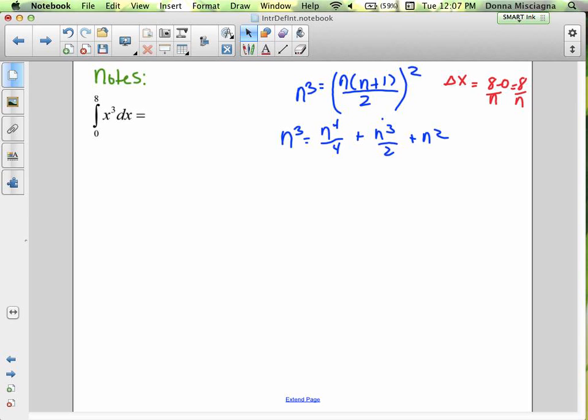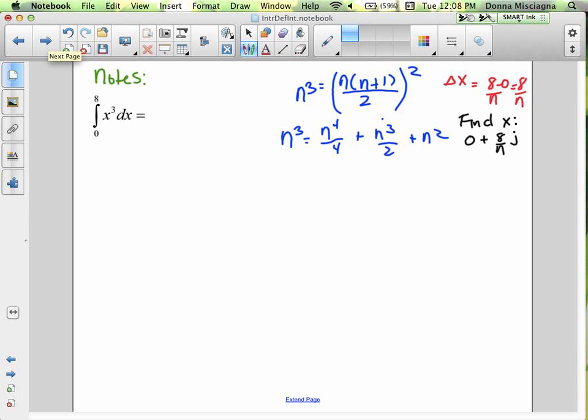Step 2, let's find x. All right, so our first value we start off with is 0. So we have 0 plus 8 over n times j. And now we're going to plug that into the function.